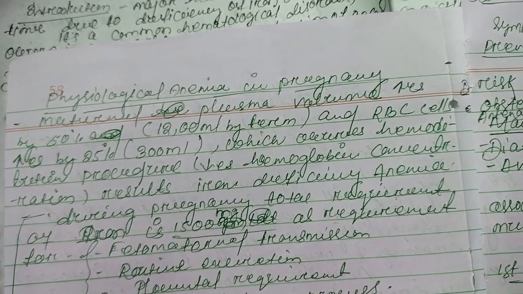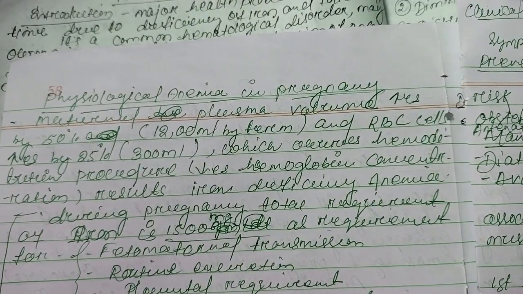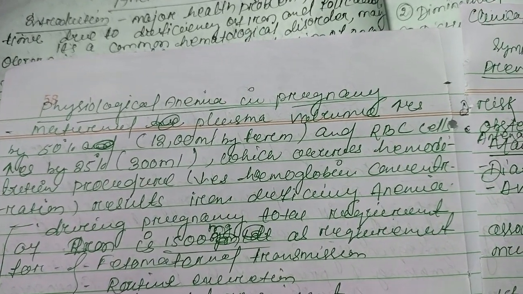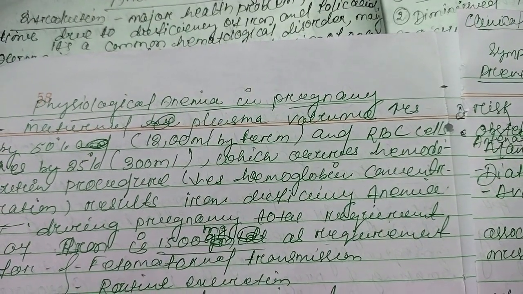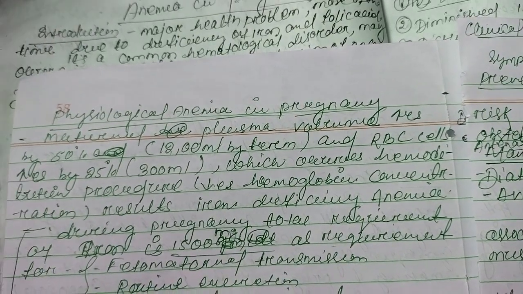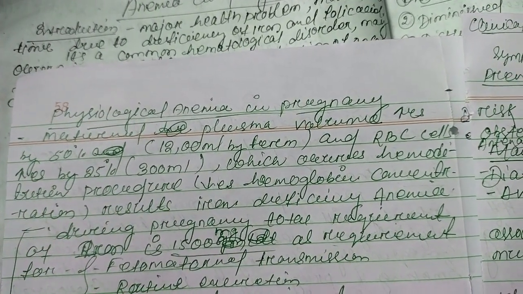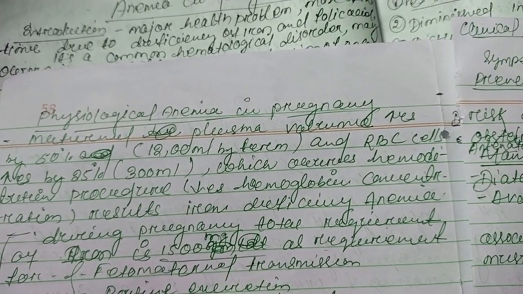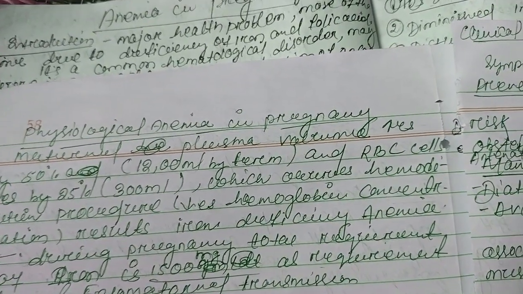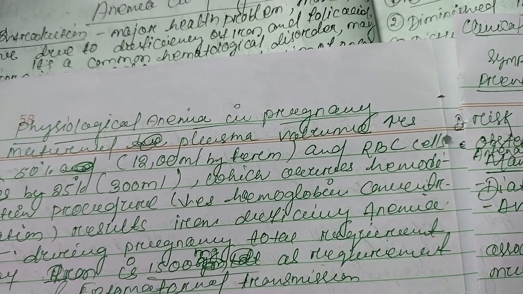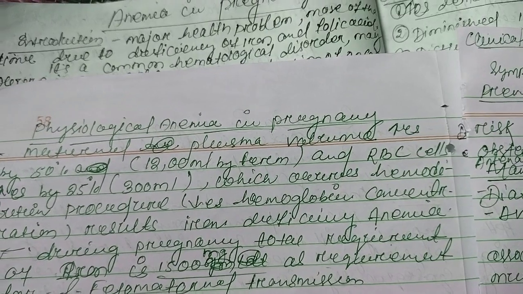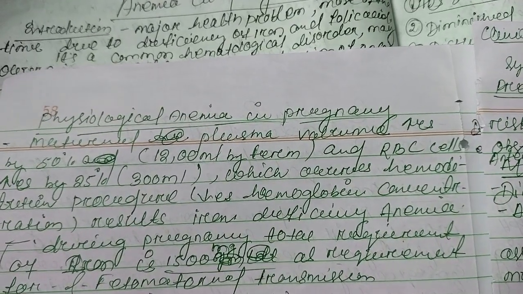When plasma volume and RBC increase at these levels, 50% and 25%, hemodilution will occur. Due to hemodilution, iron deficiency will occur, which causes anemia in pregnancy.